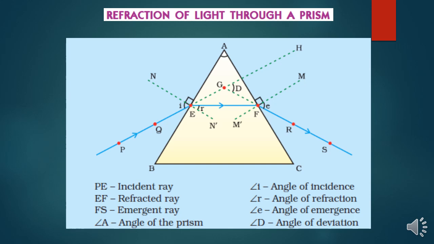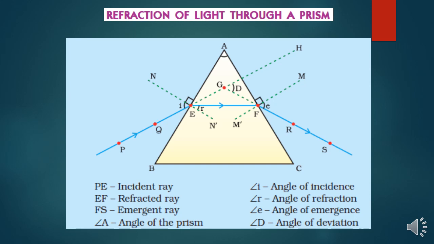Now an activity has been discussed in your textbook in which you take a glass prism, put it on a white paper, and draw its outline. Then you will place pins at positions P and Q on the side AB of the prism.